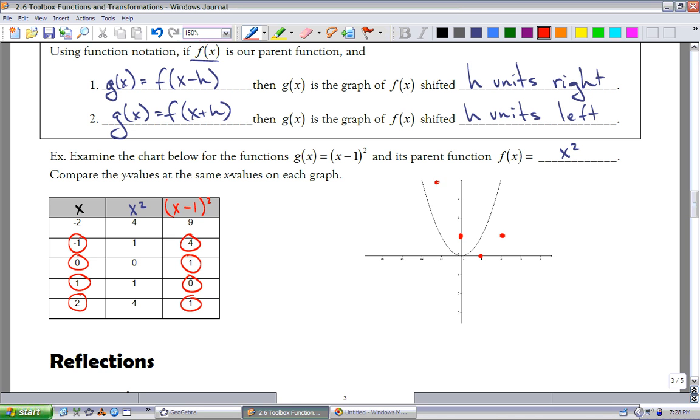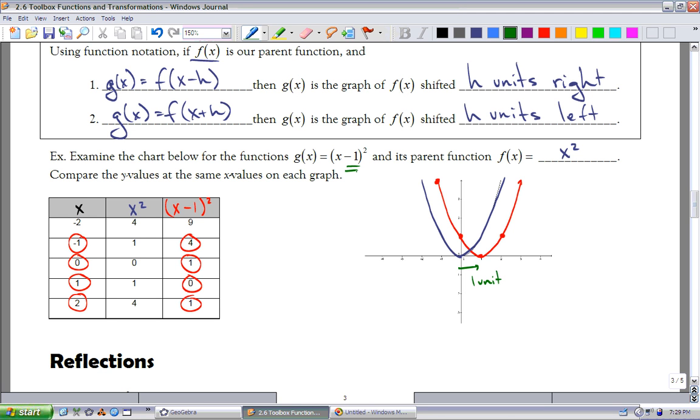And if you look, we kind of run off our graph here, but what you can see is the red graph, which is g of x, represented by x minus 1 quantity squared, is just shifted over 1 unit to the right. Okay, 1 unit.